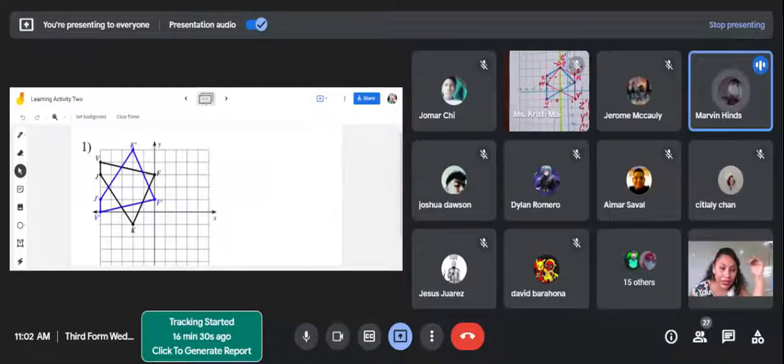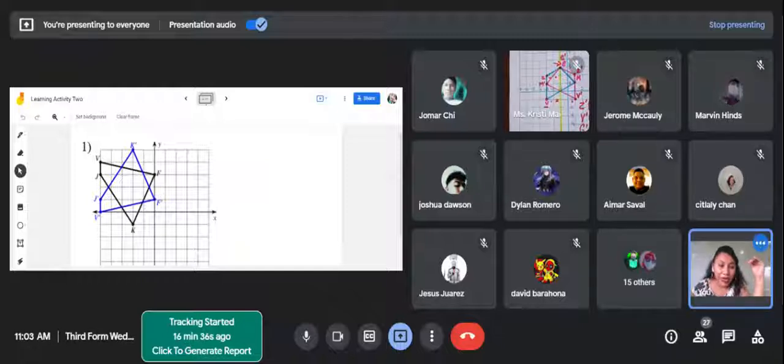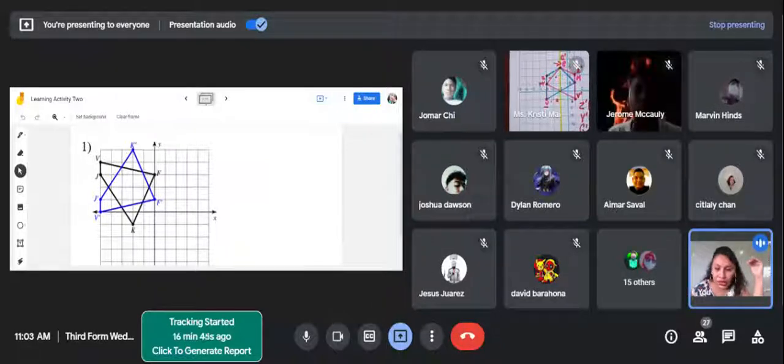What line? I heard two, negative two, positive two, negative three. No, no, no. We don't want a coordinate. We want a line, right?